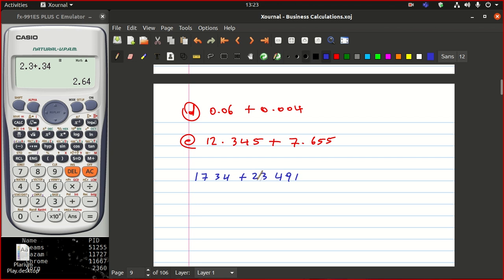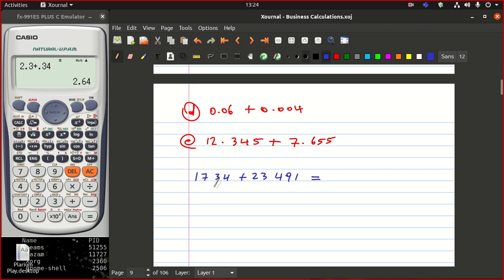I have 1 2 3 4 5. Now that we are having this here, what is happening is this. Let's say you wanted to add these two numbers. There are 4 numbers here, there are 5 numbers there.